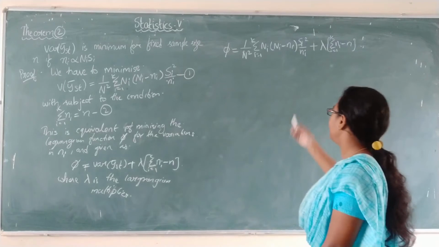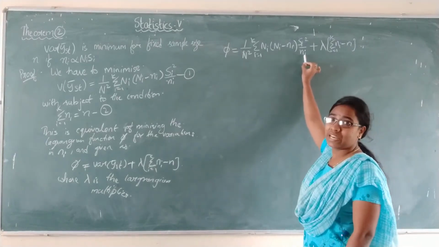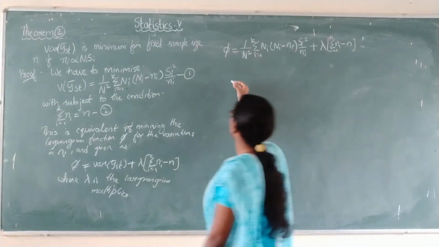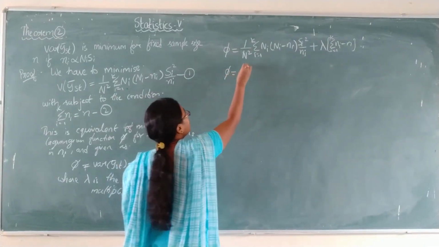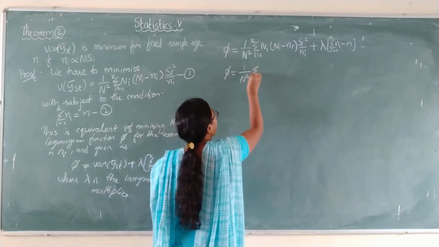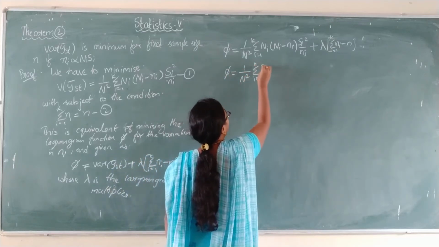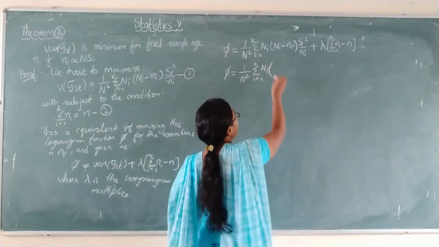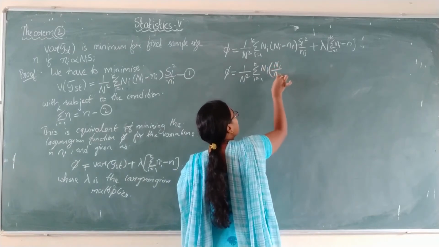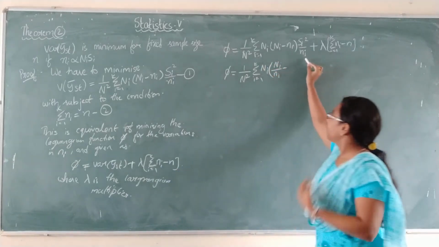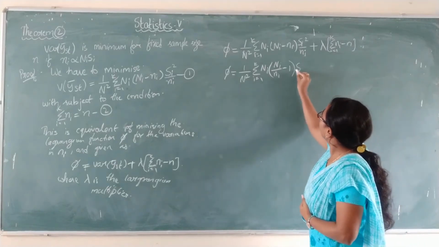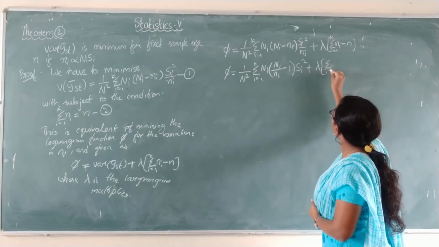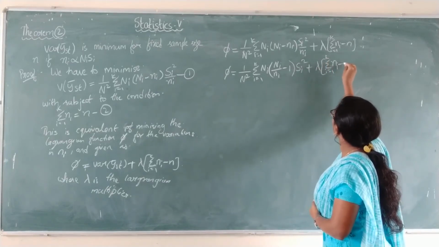Now what I am doing is multiplying this ni, which is in the denominator, inside, so that I get pi equals 1 by n square summation i equals 1 to k capital Ni into, multiplying capital Ni by 1 by ni inside, you will get capital Ni by small ni minus ni by ni, which is 1, into si square, plus lambda into summation i equals 1 to k ni minus n.